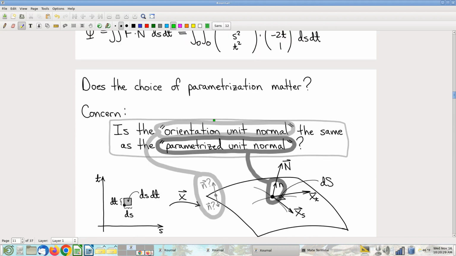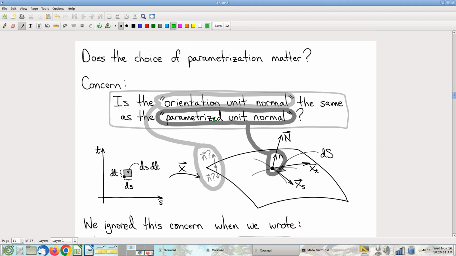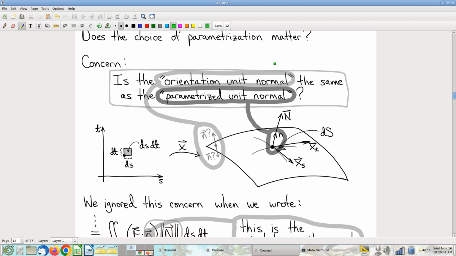So let's ask, do we have to worry about the choice of parameterization? Does it matter how I parameterize the surface? So specifically to the concern that I just brought up, right? The orientation that's defined for the surface, keep in mind, is an indication of which of these two possible directions through the surface are we interested in.